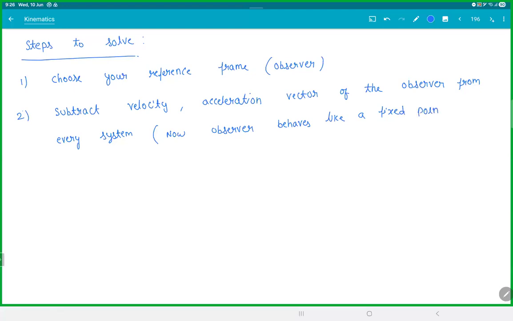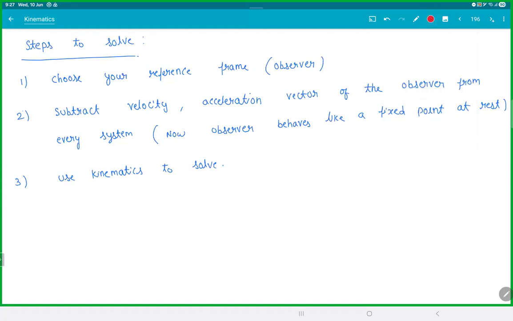So this guy will see new velocities and new accelerations. Step 3, use kinematics to solve. If the relative acceleration is constant, use the three equations. If it is not constant, then use integration and differentiation.